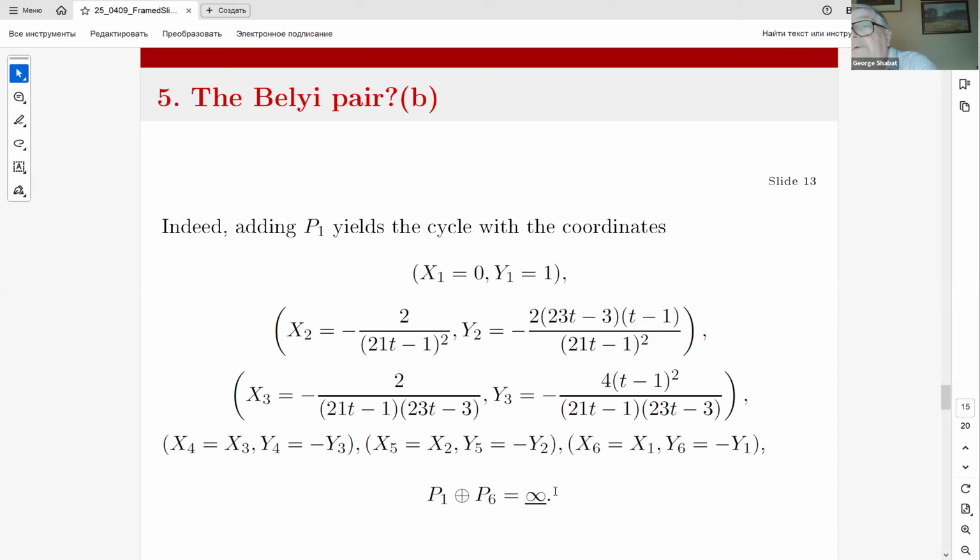And I have an explicit formula for them, but these cubic irrationalities are terribly complicated, and it is by no means obvious that they belong to this field.